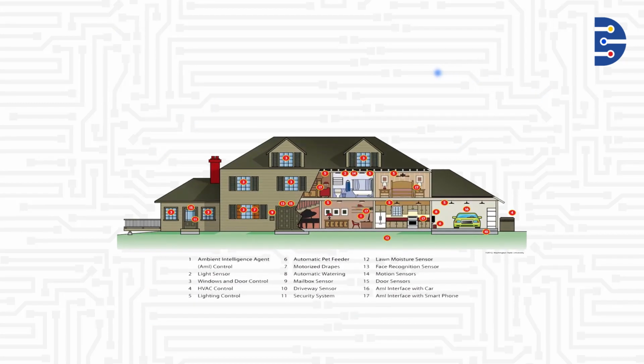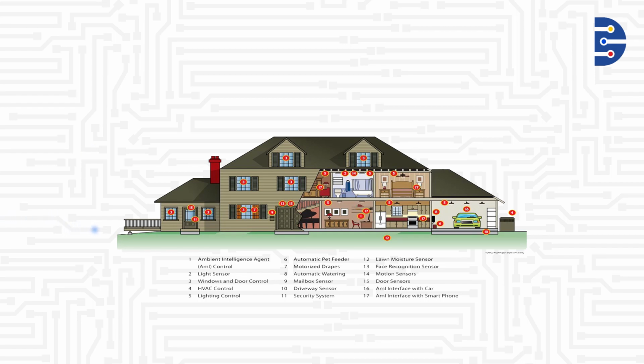Let us look at some of the use cases of sensors in the real world. The most common example is home automation. It is believed that in the US, each house has a minimum of 15 to 20 sensor-based applications.